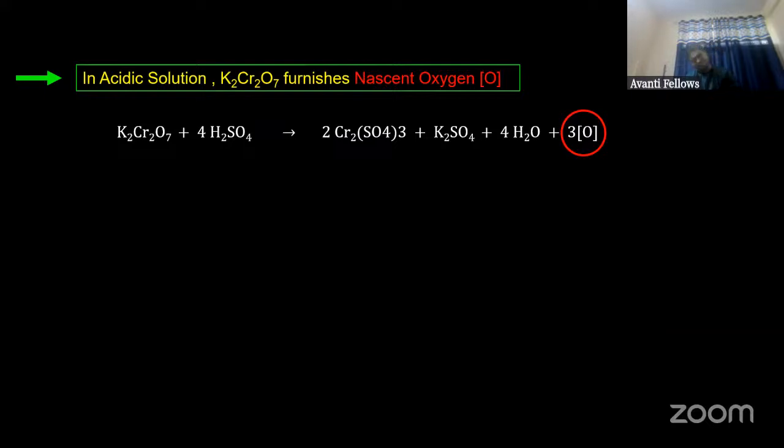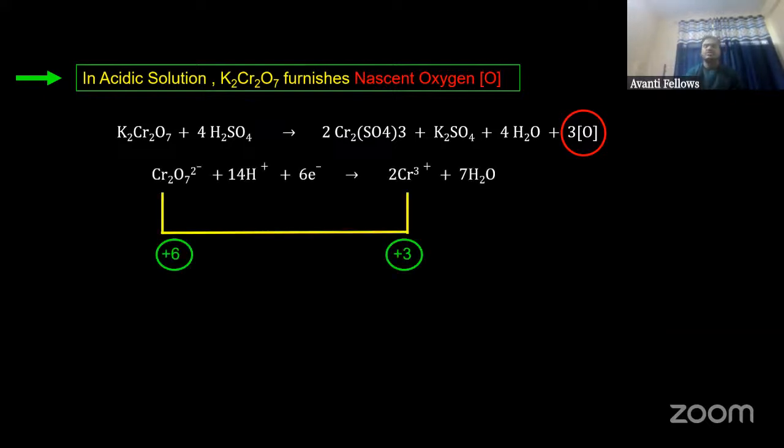So if someone asks whether they are good oxidizing agent or not, you can say yes, K2Cr2O7, KMnO4 both are good oxidizing agent. Why? Because they produce nascent oxygen. और जो भी nascent oxygen produce कर रहा है वो अच्छा oxidizing agent है, because वो help कर रहा है oxidation कराने में, right?